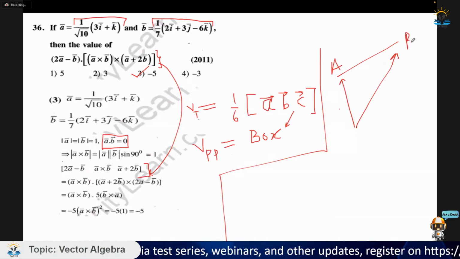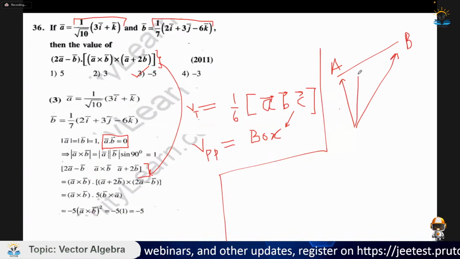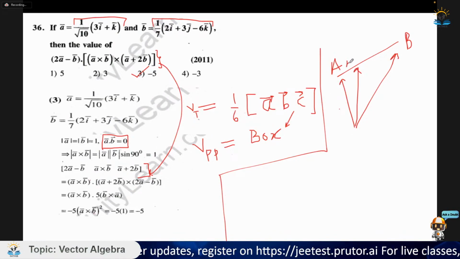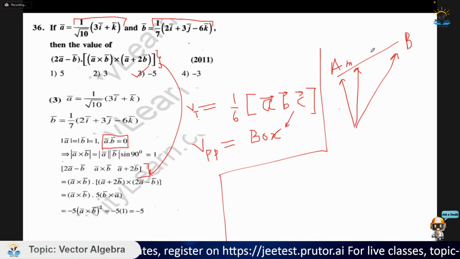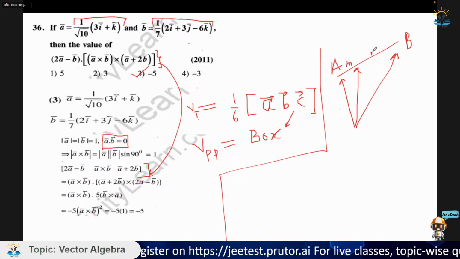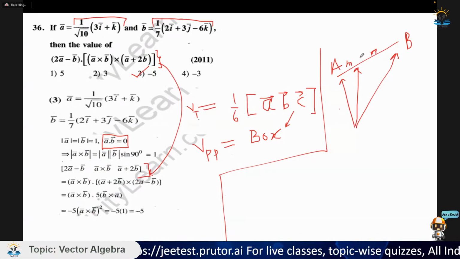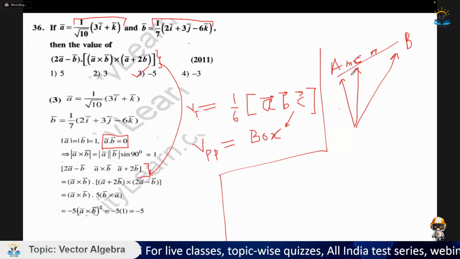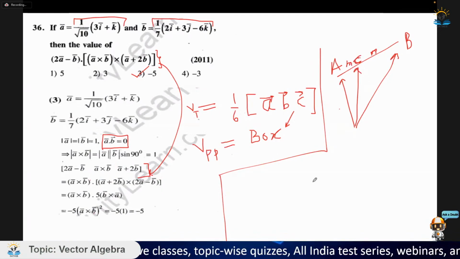How will we calculate the position vector of a point which divides this line in the ratio m is to n? If the length of this part is n, then this part will be m. Let's say it has a position vector of c.